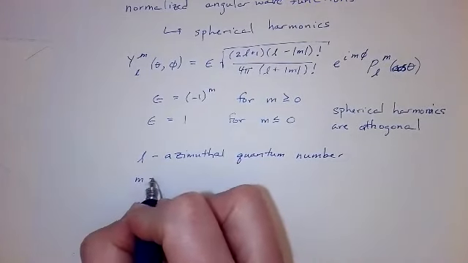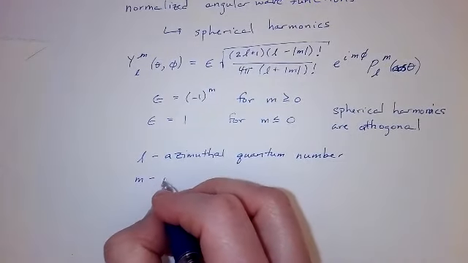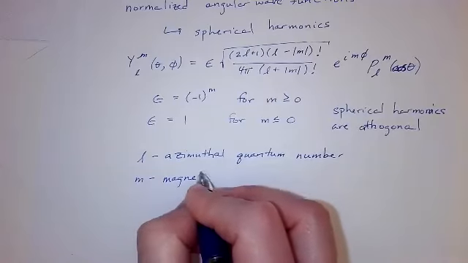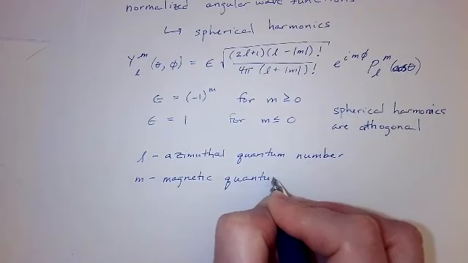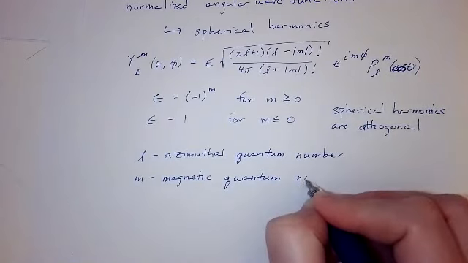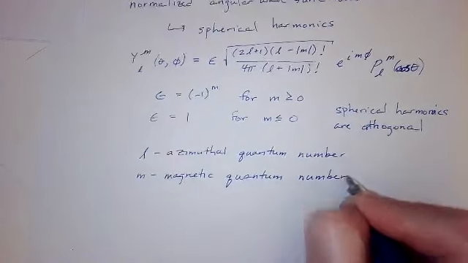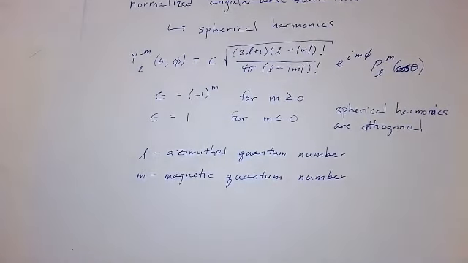And the m is our magnetic quantum number. So we will define those two things and come back to them again. All right, that seems like a good place to take a break. I'm going to pick up with our radial equation next time.